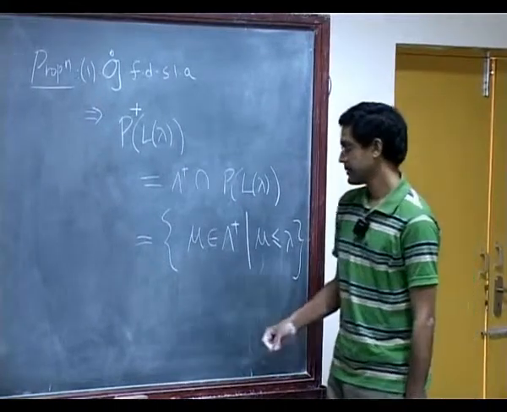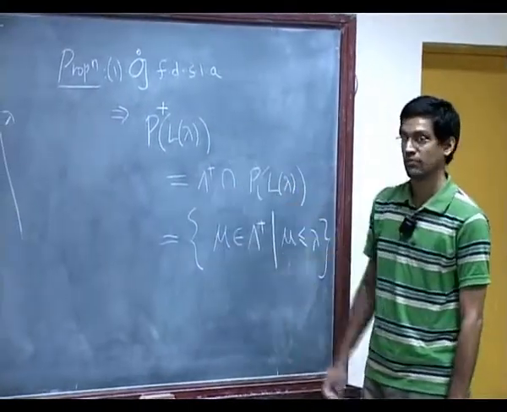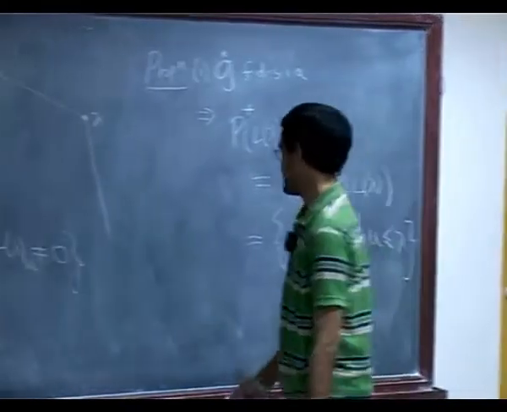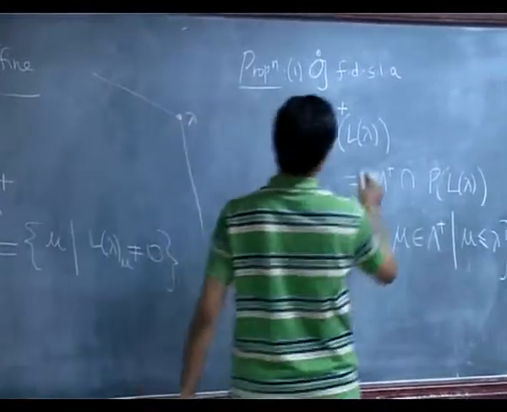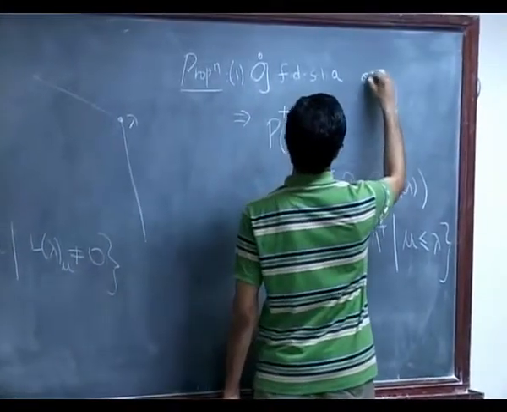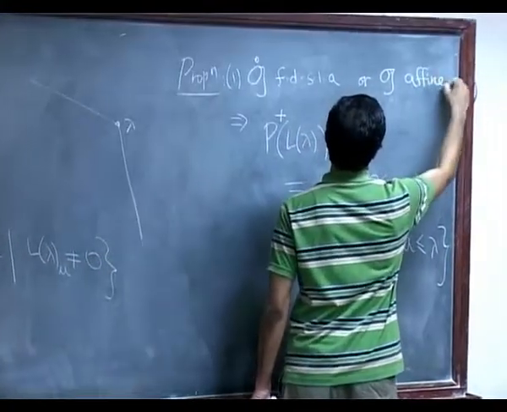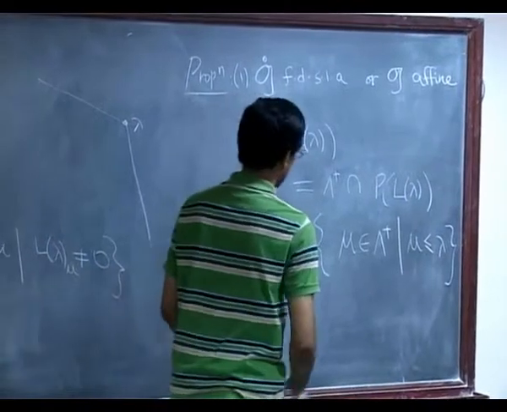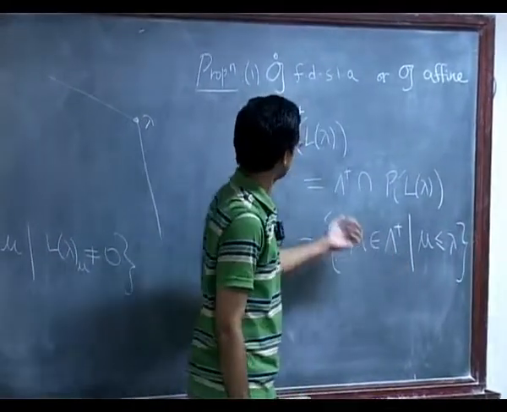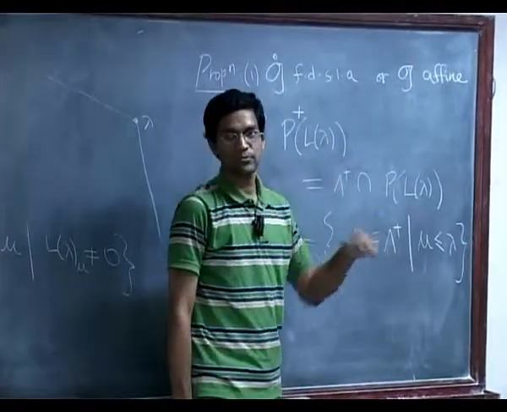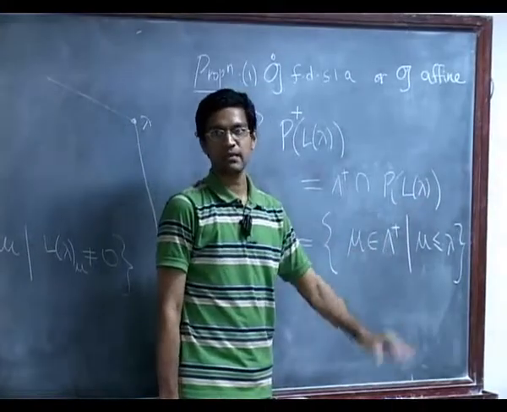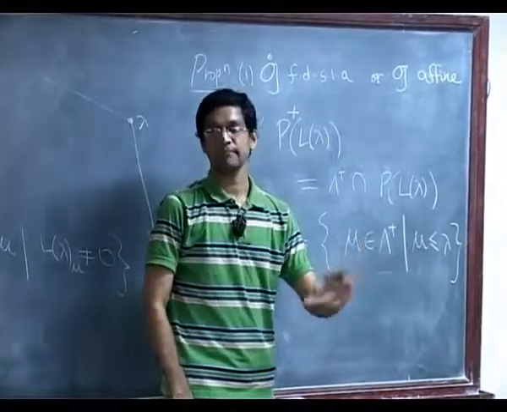Now, it turns out that the same thing is true if one is looking at an affine Lie algebra. So the exact same thing is true. So G is a finite dimensional simple Lie algebra, or G affine, except here, if you are doing it for the affines, you just need to rule out the trivial weight. So except when lambda is 0.